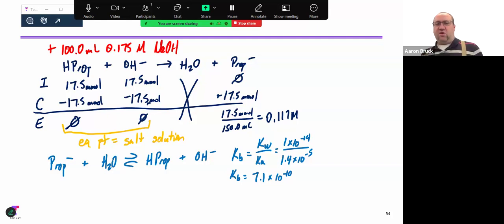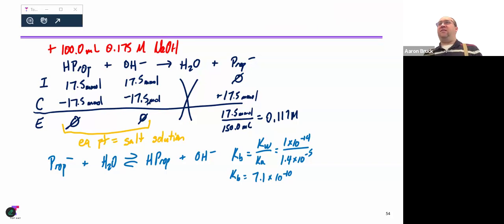So is this the strongest base you've ever seen? No. But is it going to be enough to push the pH beyond 7? Absolutely. Now we just need to figure out how far beyond 7 we're talking.